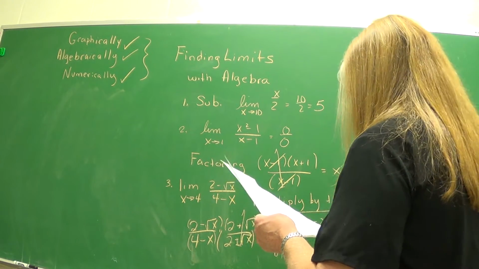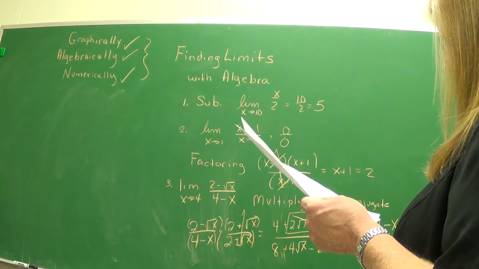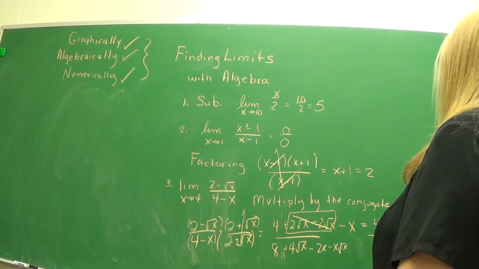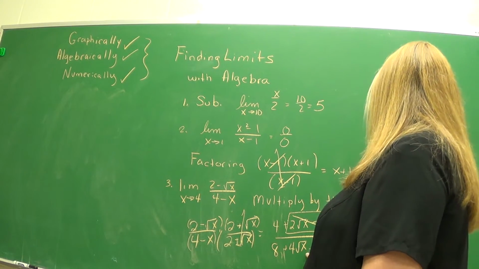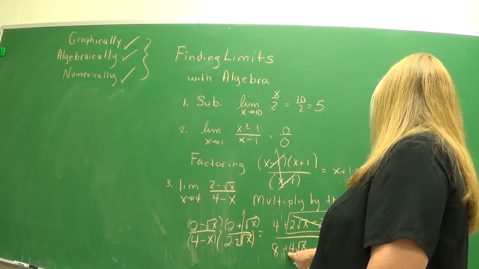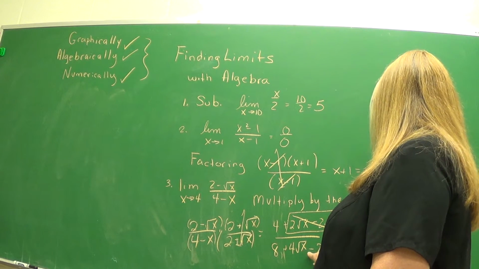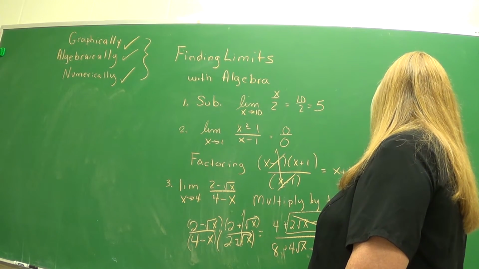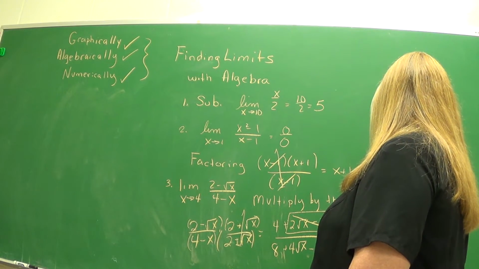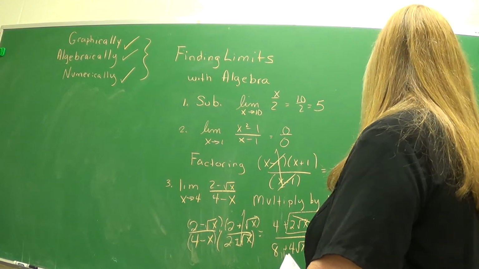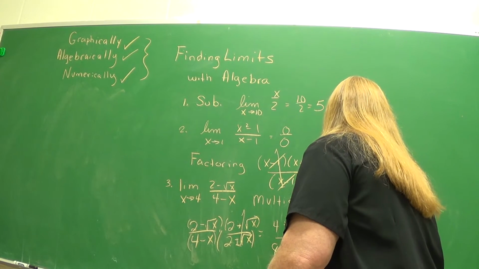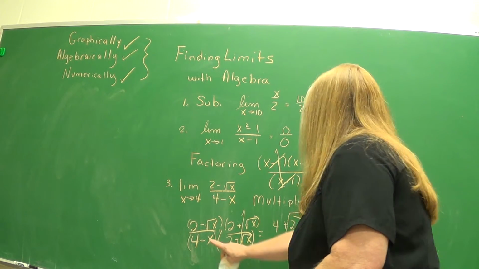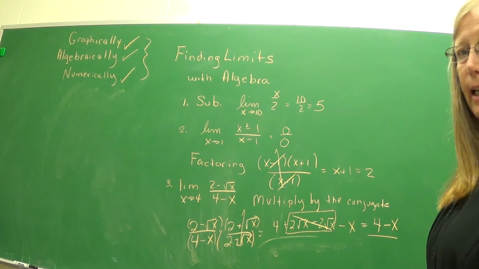Hopefully that will do something for us. It does not, actually. If you put in a 4 there, you get 8 plus 8 minus 8 minus 8. So you can still get a 0 in the denominator. We still have done it correctly, but multiplying this out did not take us any closer to where we need to be.